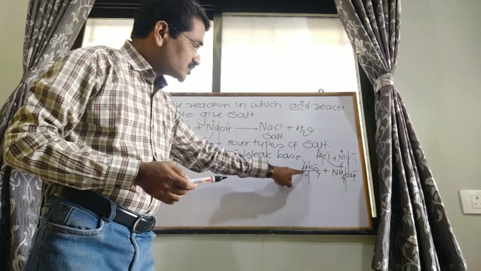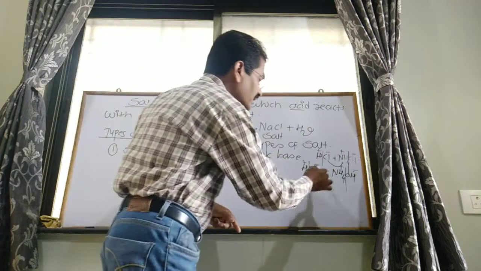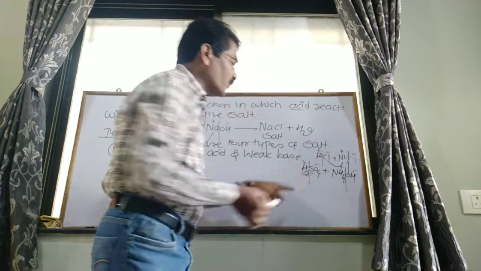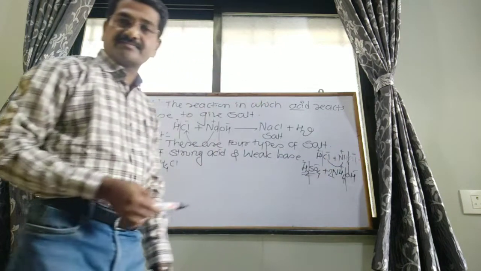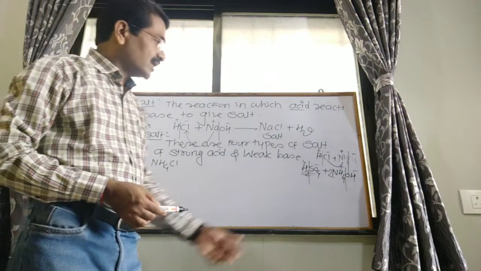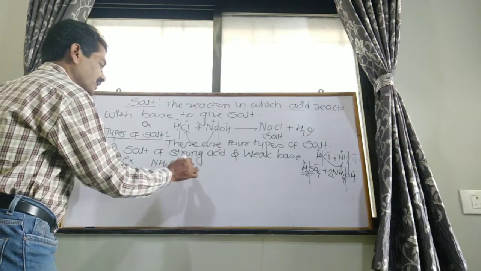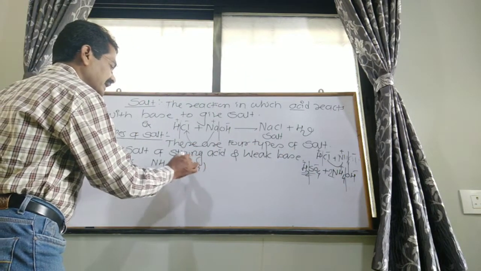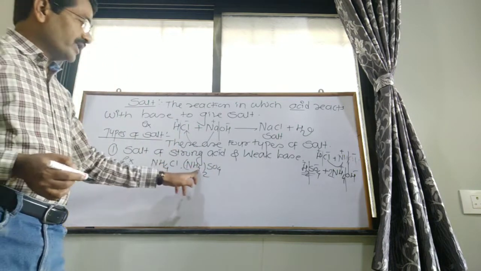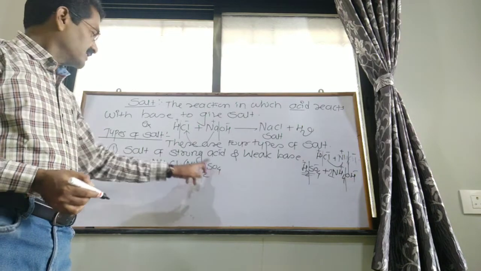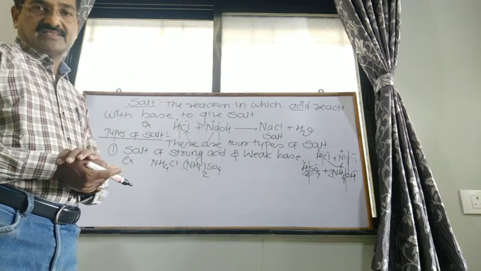Then hydrogen and hydroxyl ions combine together to produce water, but in H2SO4 there are two hydrogens, so we require 2 moles of base. So NH4 taken twice with SO4. Ammonium sulfate is the salt of strong acid and weak base.